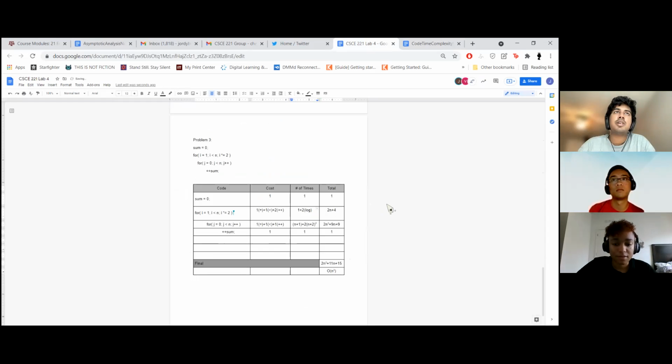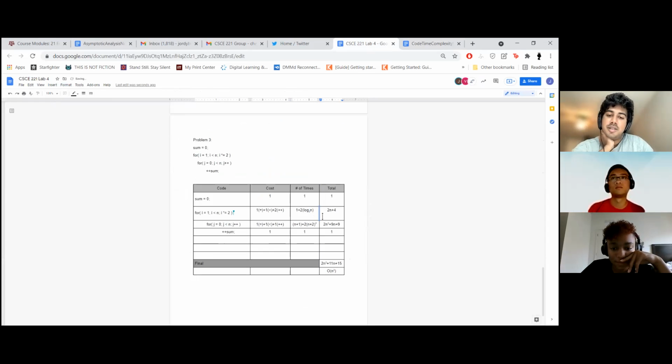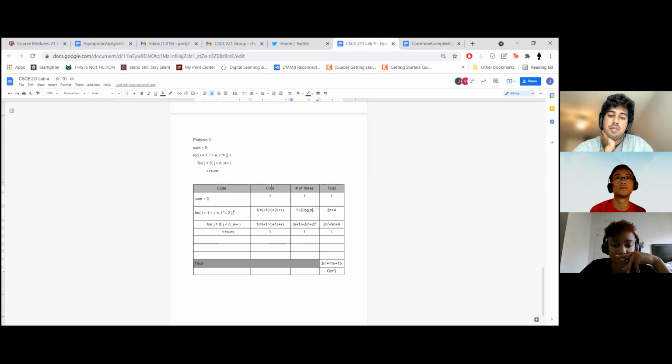Subscript is format text. It's control comma for the shortcut. Oh, okay. Is that it? Yeah. Okay.